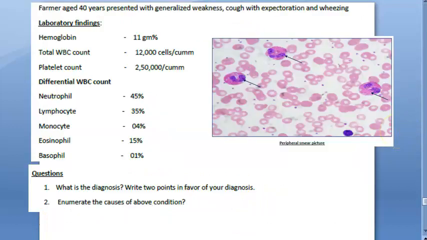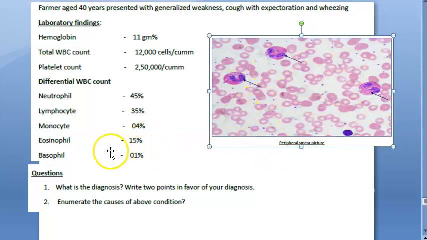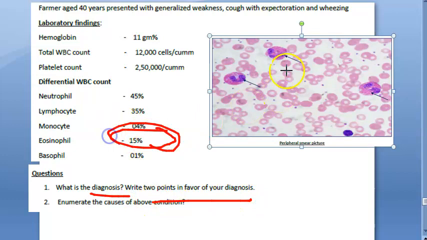So we are done with this case study. We looked at a case where the peripheral smear shows a lot of eosinophils. Normally 2 to 3% should be there, but here 15% is there, so the diagnosis is eosinophilia. He also has wheezing, so it could be asthma.